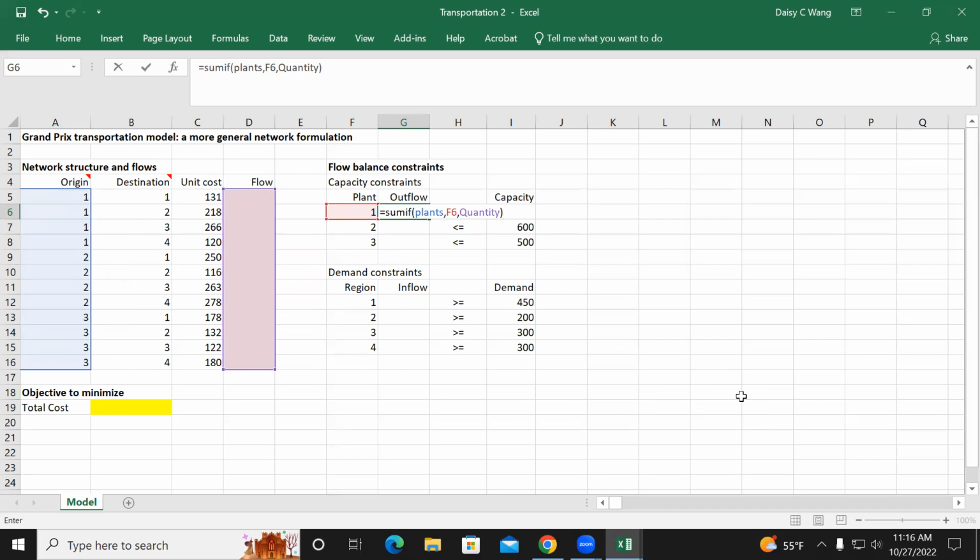If you didn't put in range names, don't forget to put the $ sign in front of A and D, like A5 to A16, and then D5 to D16. Both you need to put the $ sign because we are going to drag it down.